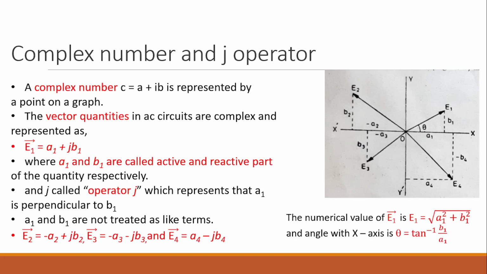There it was i, known as the imaginary number; here it is called operator j. The operator j here represents that A1 is perpendicular to B1, active part is perpendicular to reactive part.